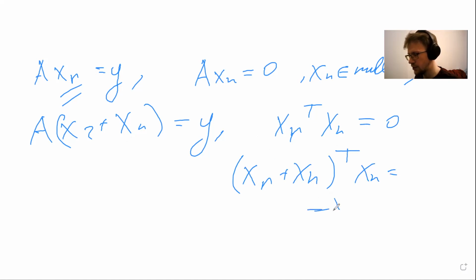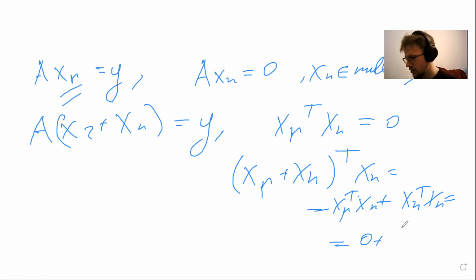When we open the brackets, it will be, maybe R was not a great choice because I write it exactly the same as N, plus Rn times Xn equal to 0 plus this, and this is not 0, as you can see.